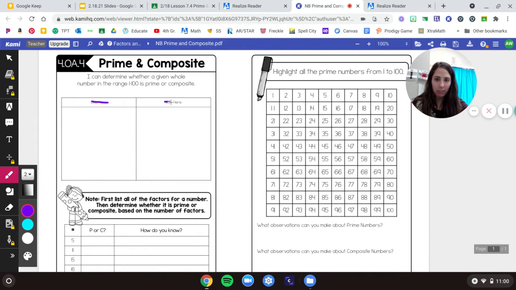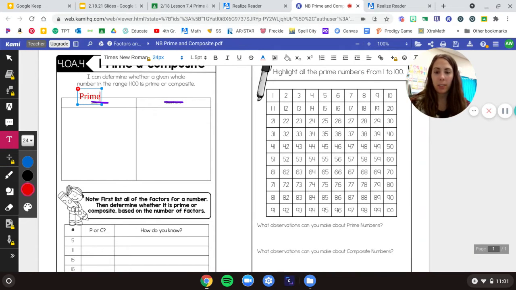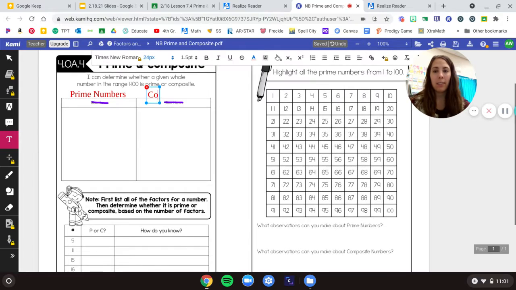Just cross it off, okay? And we are going to write prime numbers above this one. Prime numbers. And then we're going to come on this side and we're going to write composite numbers.